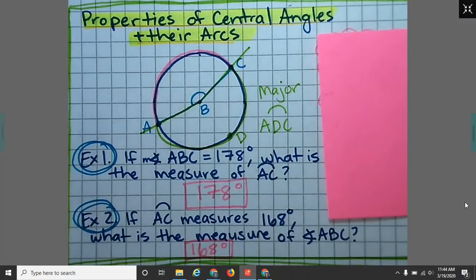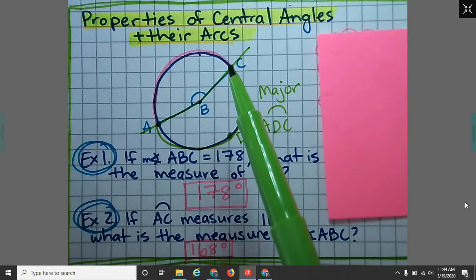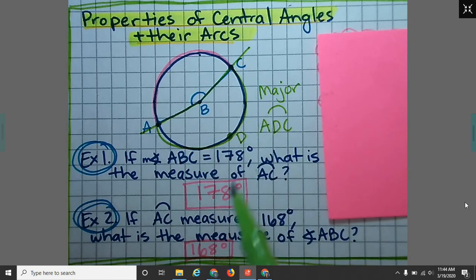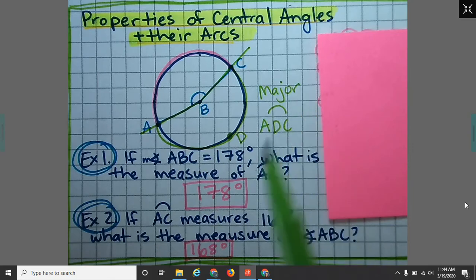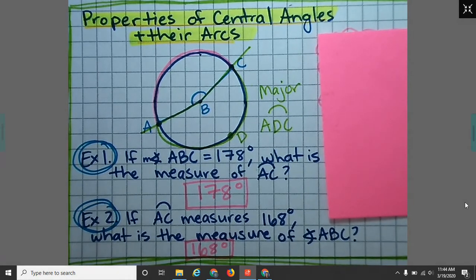And if I wanted to find the measure of major arc ADC, let's say using this example here, a circle measures up to 360 degrees. So if this is 168, we would simply subtract from 360 to figure out the measure of major arc ADC. So if I did 360 minus 168, let me figure that out real quick. 360 minus 168.